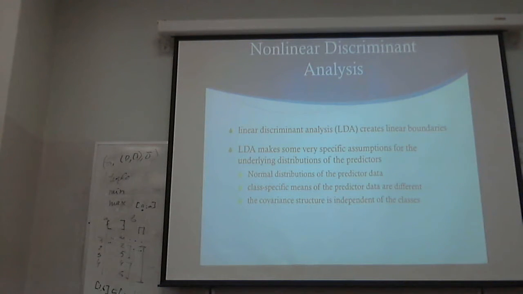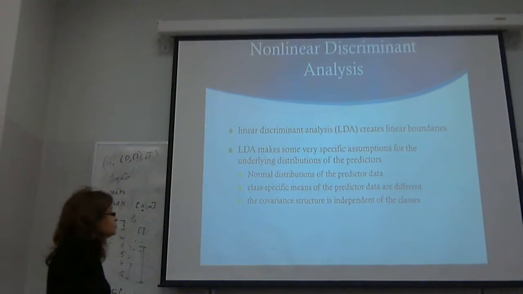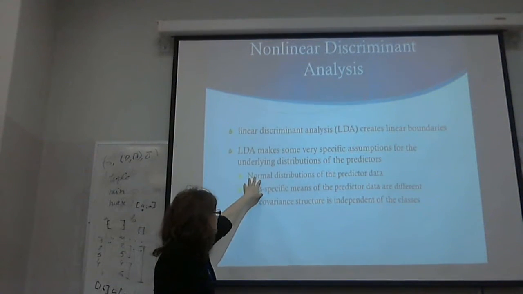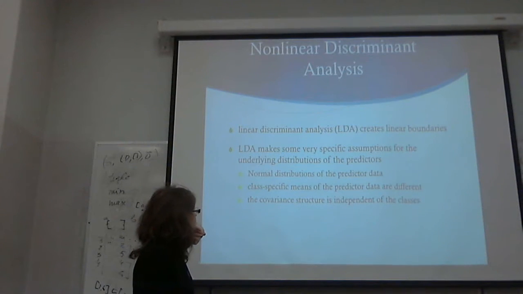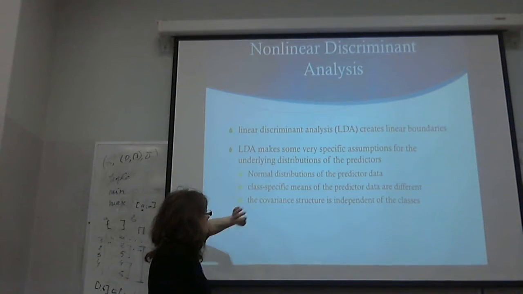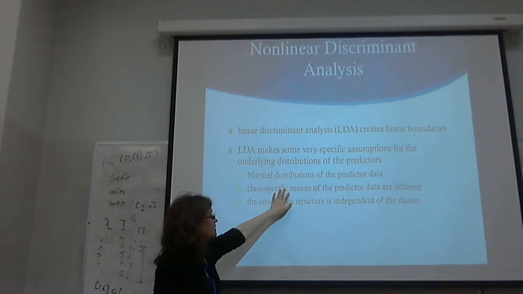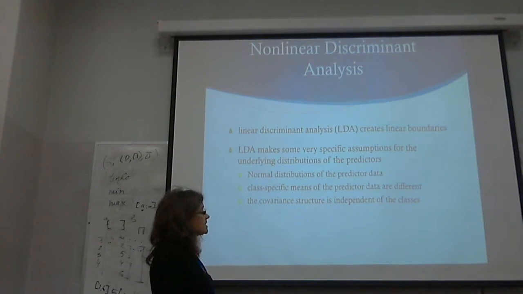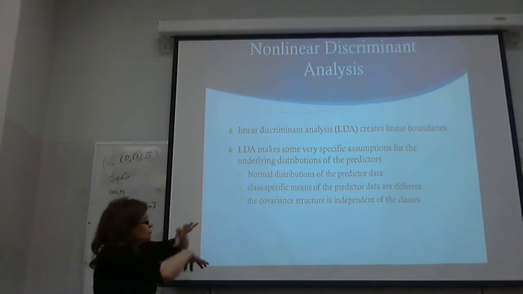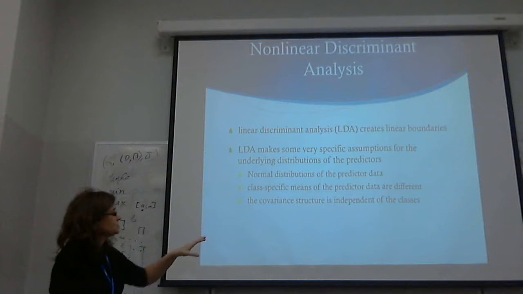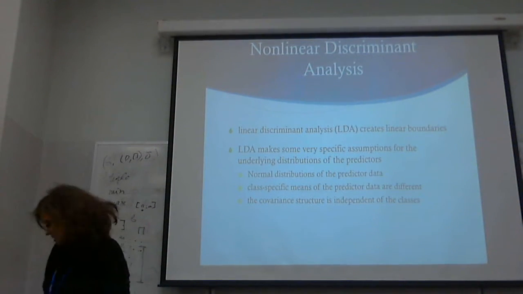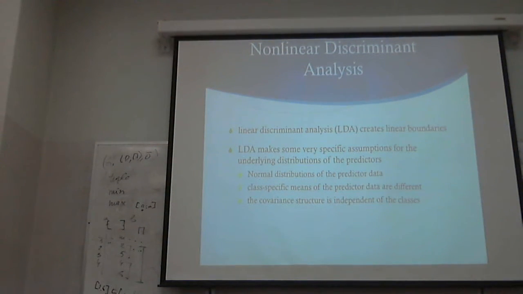To create this linear boundary, it has some assumptions about the distribution of the predictor data: that it follows normal distributions, that the means of the predictors are different, and that the variance structure is independent of the data.